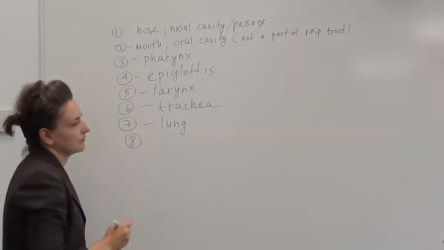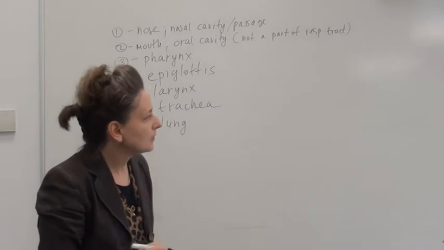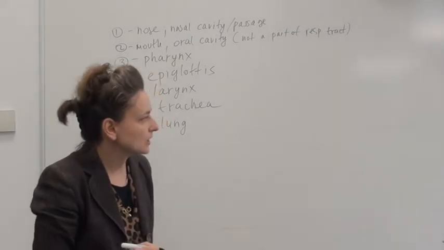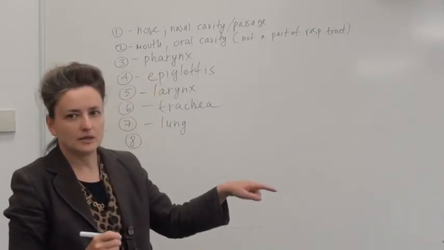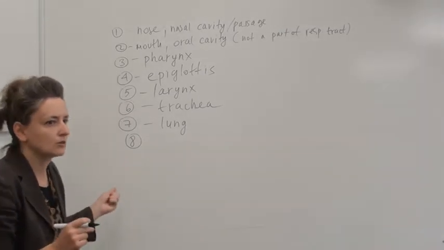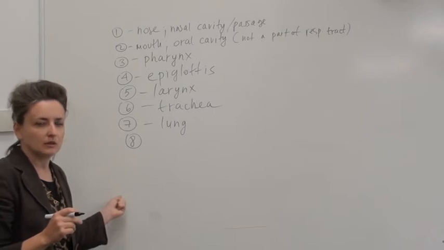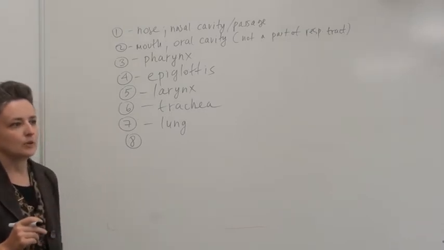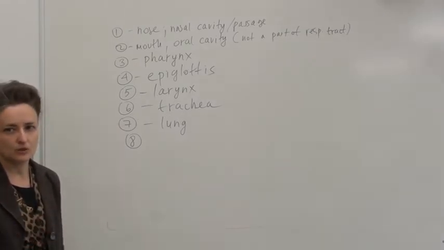You can see from the diagram that my number 6, which is trachea, if you follow with your eyes further down, splits into 2 branches, and that's the term I'm next looking for. When you get inflammation of it, this is a word you've probably heard as well.